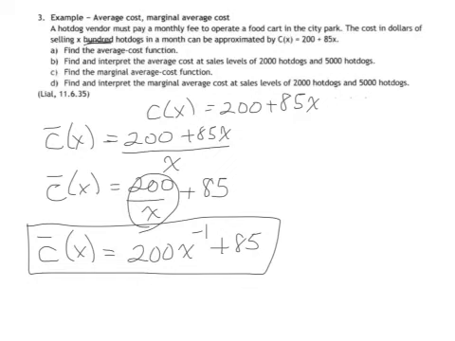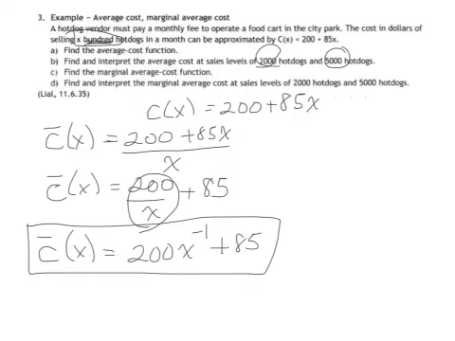So the next part is B. It says find and interpret the average cost at sales levels of 2,000 hot dogs and 5,000 hot dogs. Okay, so the original question said the cost in dollars of selling x hundred.